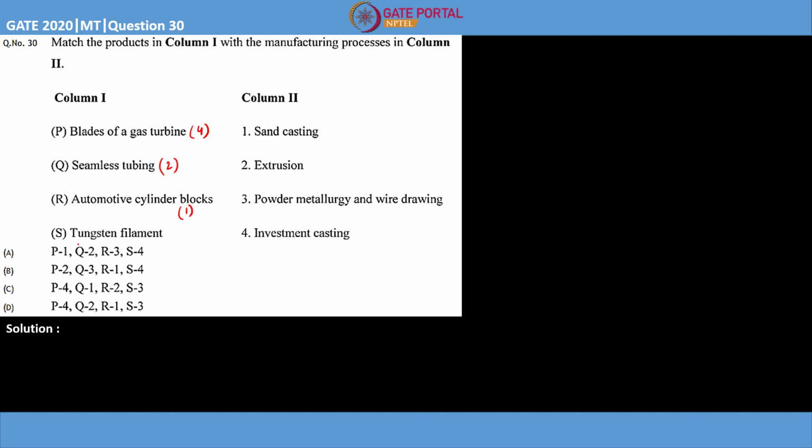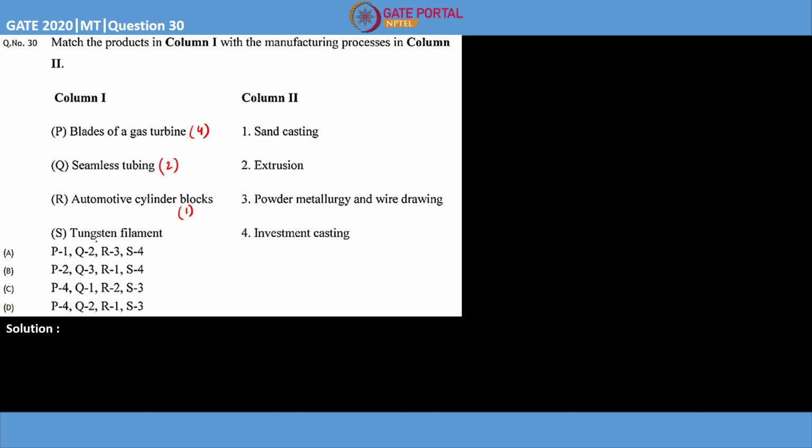And the last is tungsten filament. As you know, tungsten has a very high melting point, so you can't melt it and cast it, right? Because you don't have any provision to contain such a high temperature melting metal.